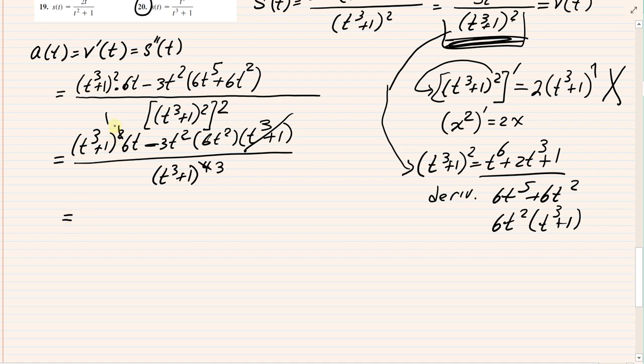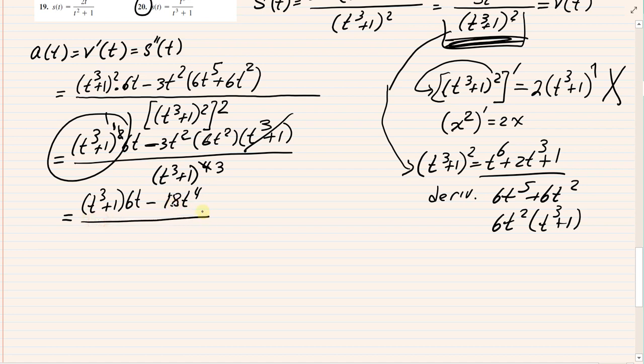So in the numerator, I have 2 of them. See, in here I had 2. I got rid of one of them. I still have 1. So it's going to be t cubed plus 1 times 6t, minus 3t squared times 6t squared. That's going to be negative 18t to the 4th.